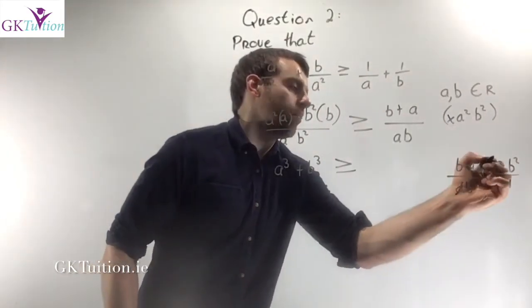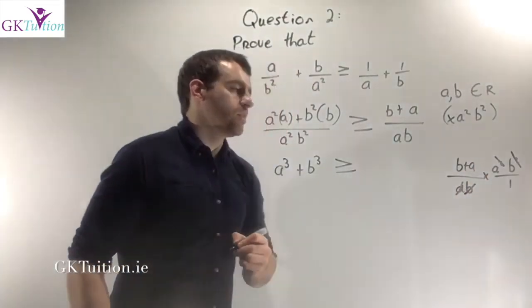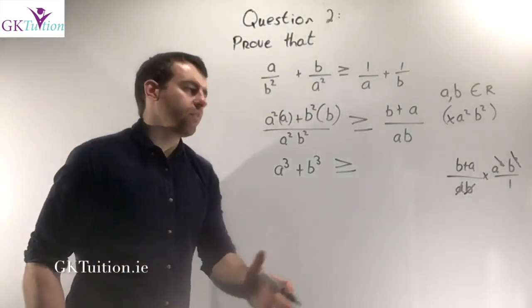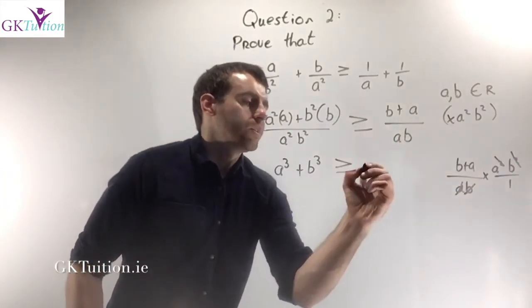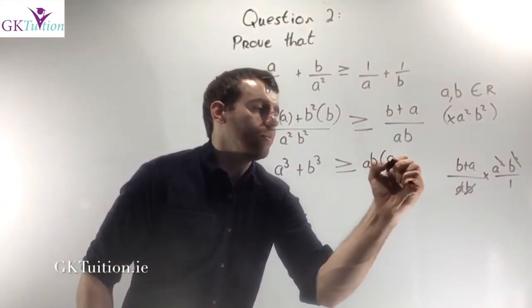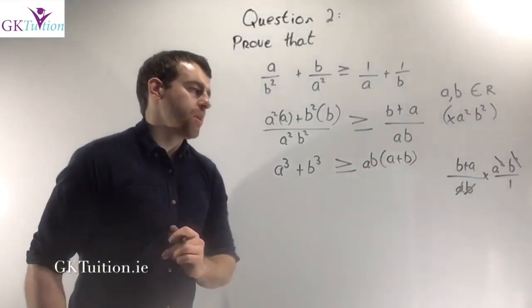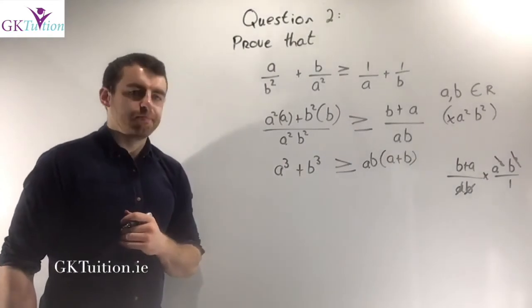This a will divide into one of the a's on the top. This b will divide into one of the b's on the top. So essentially I'm left with a times b. So I'm going to be multiplying ab by what was already on the top, which was a plus b.